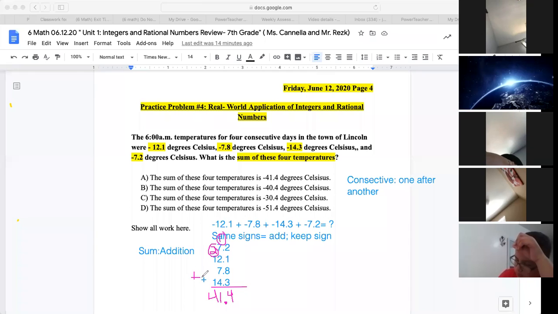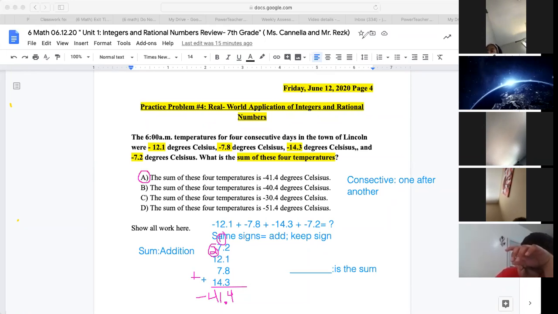Remember, we said the same sign was negative, so it's negative 41.5, which is going to be choice A. That is the answer. So the person's going to write negative 41.5 on the line.